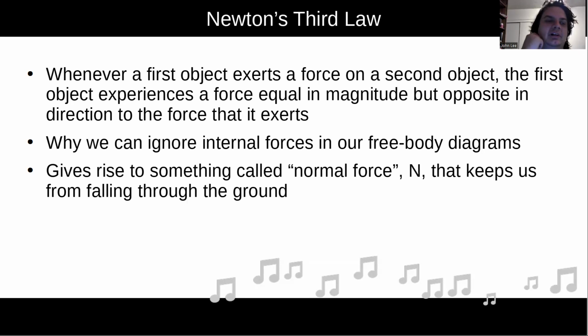So, for example, when you press against a tree or you punch a tree, the tree's not going to do anything back to you. It's not going to make a motion or try to punch you back.